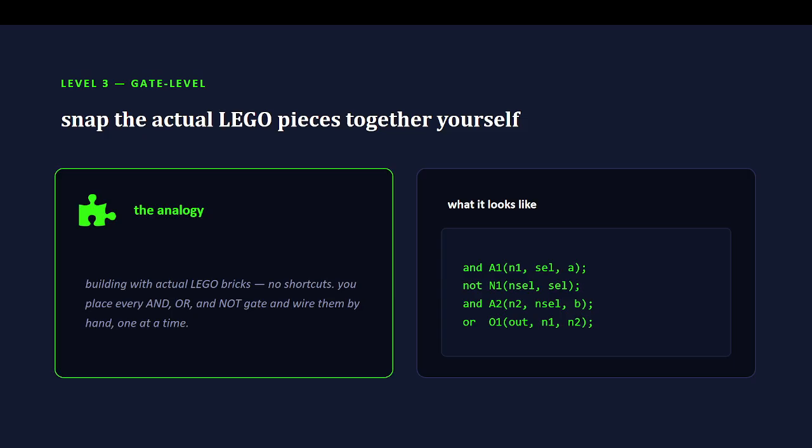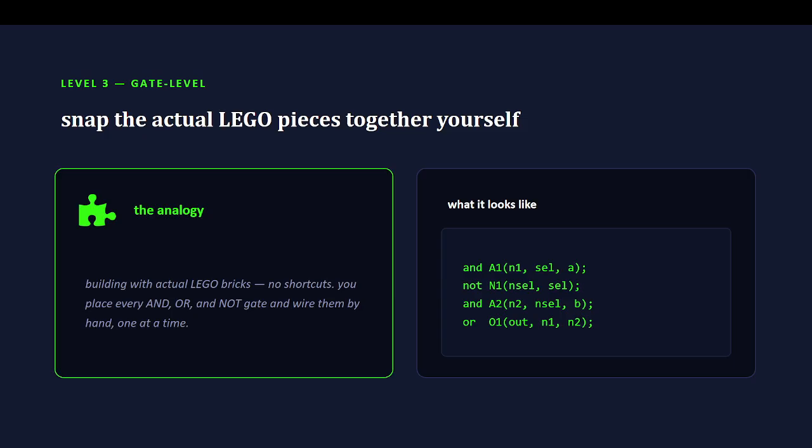I hope you know the IC numbers. And you start running jumper wires from specific output pins to specific input pins. Pin number 3 of this chip connects to pin number 1 of that chip. No shortcuts, no equations doing the work for you. You are the one deciding exactly which gate connects to which gate.